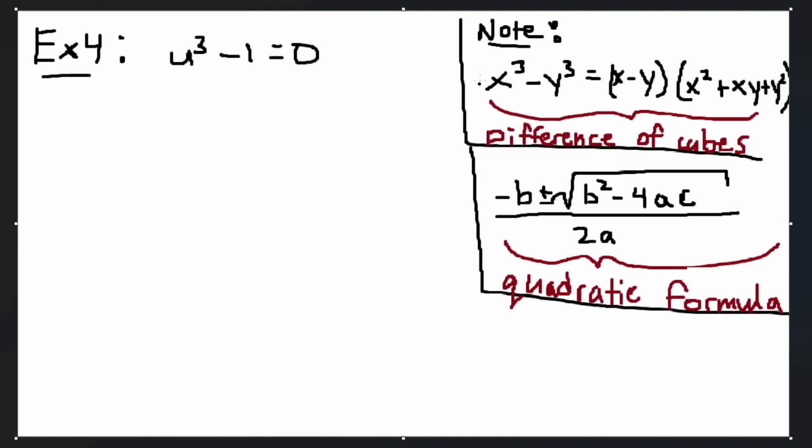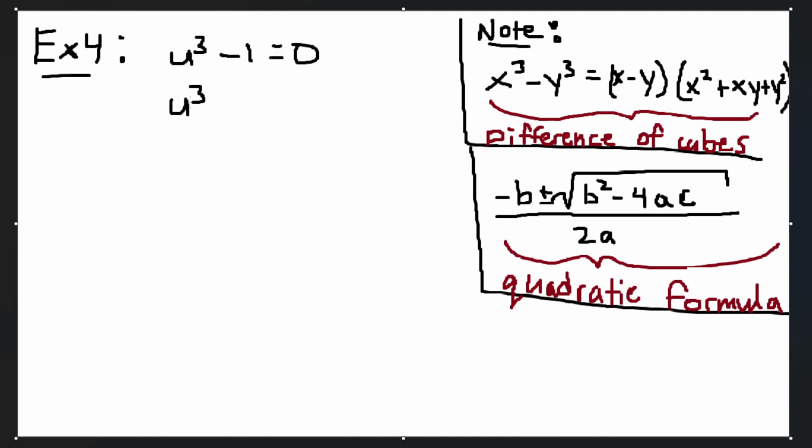This will allow us to factor out the u cubed minus 1. Okay, so the first thing we want to do is visually simplify this to make it look like x cubed minus y cubed, where x and y could be a number or a variable.